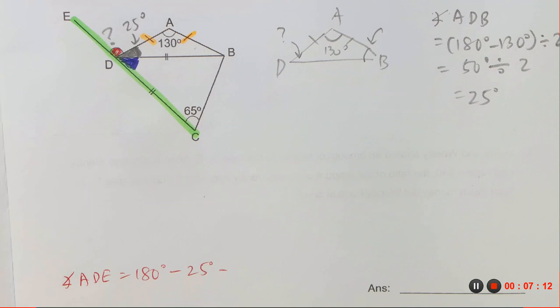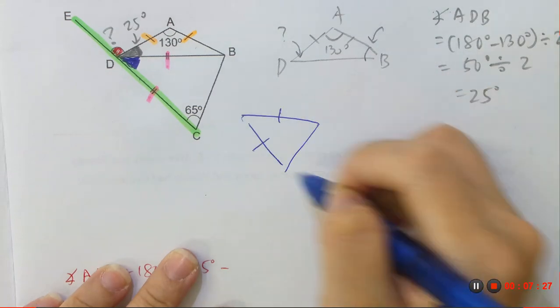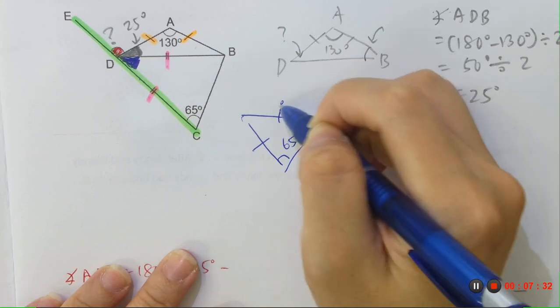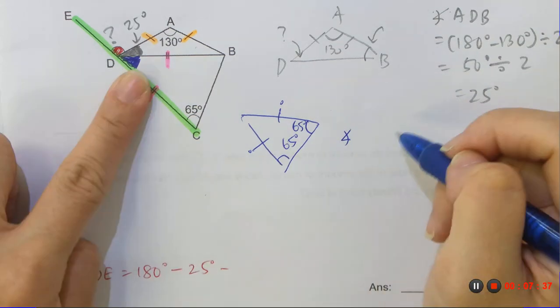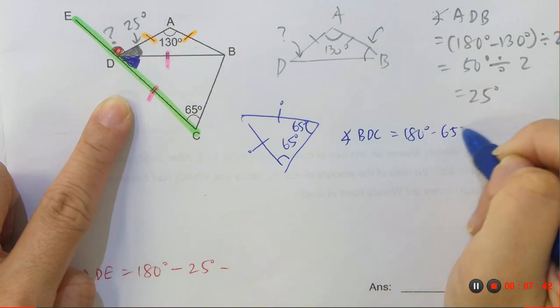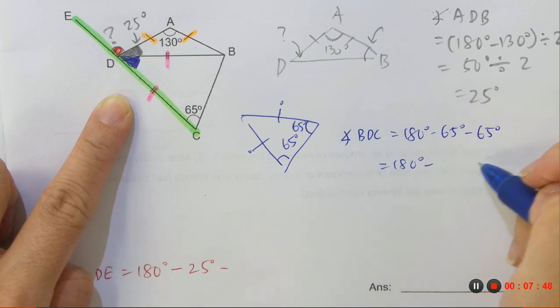Which in the question, the blue one says that it's an isosceles triangle, which I colored pink color here, these two sides. So for the blue color angle, the isosceles triangle look like that. This is 65, that means this is also 65. Correct. So the blue angle is angle BDC is 180 degrees minus 65 degrees minus 65 degrees, which is 50 degrees.